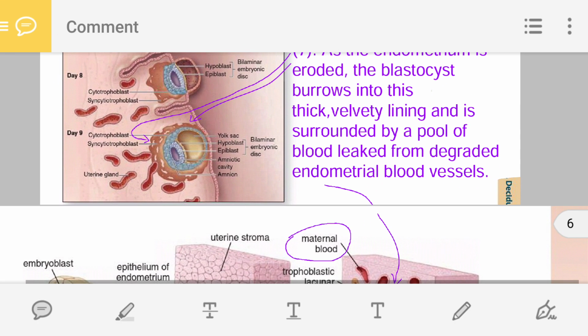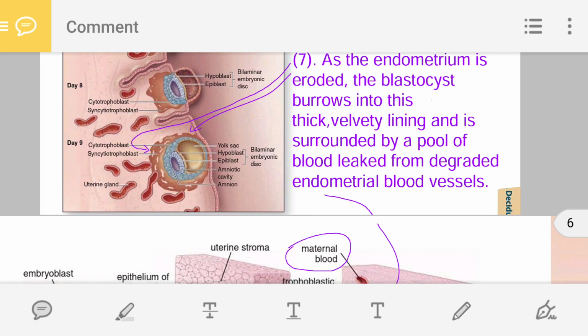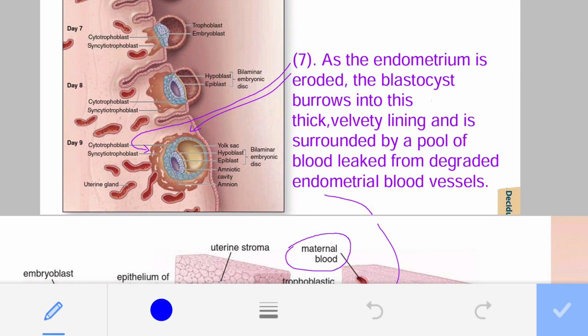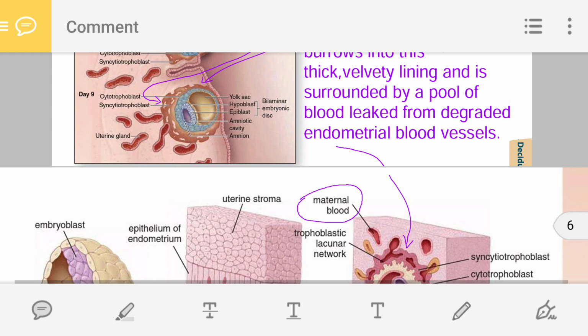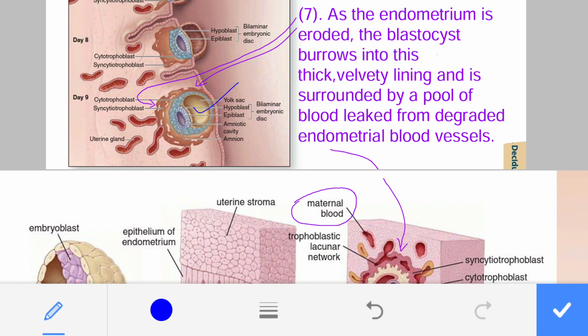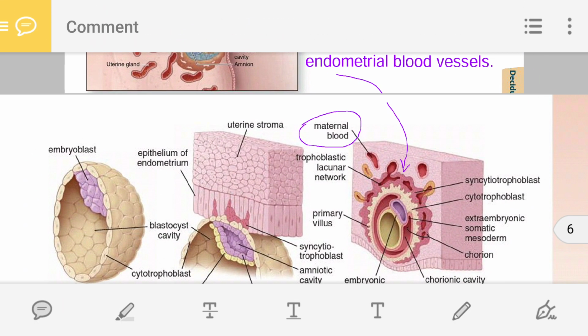Now this blastocyst is covered by a pool of blood. I am explaining. For example, over here, this is the blastocyst, and around this blastocyst there are blood vessels. These blood vessels are also ruptured due to the enzyme of this syncytial region or protrusion. So the blood vessels of the endometrium rupture, and the blood fills the cavity, and these cavities are called lacunae.